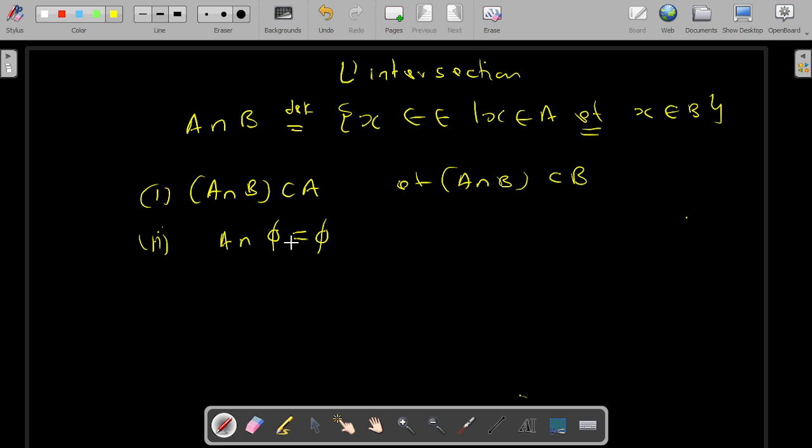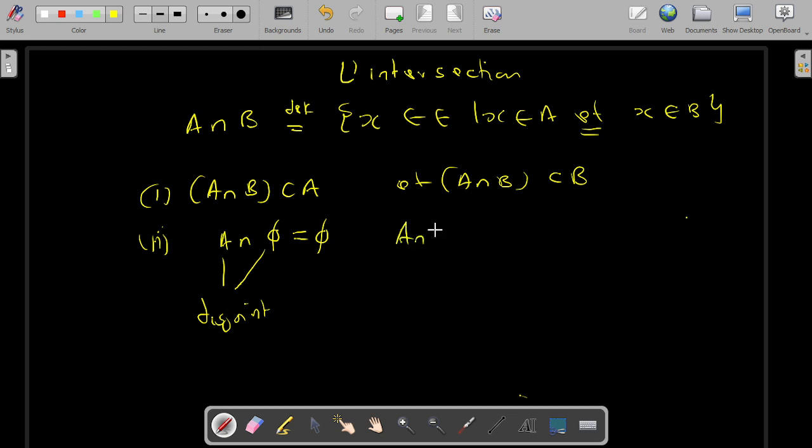And whenever the intersection of any two sets is the empty set, we say that the two sets are disjoint. So the sets A and the empty set are disjoint because they don't have any elements in common.